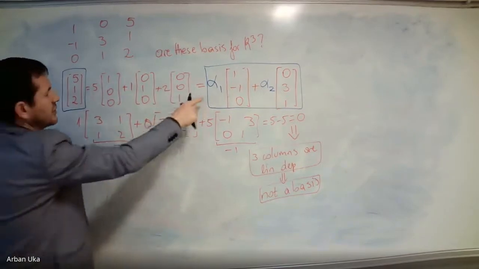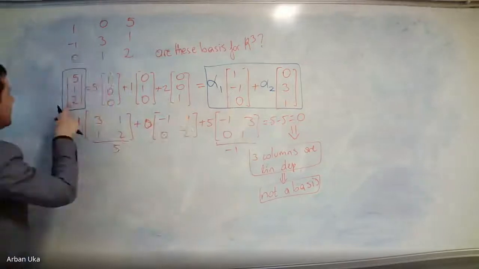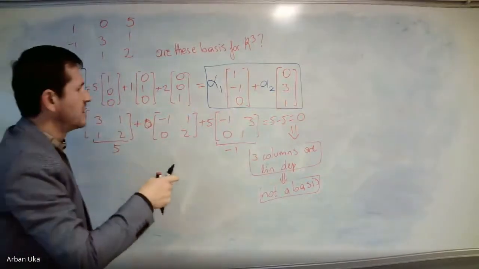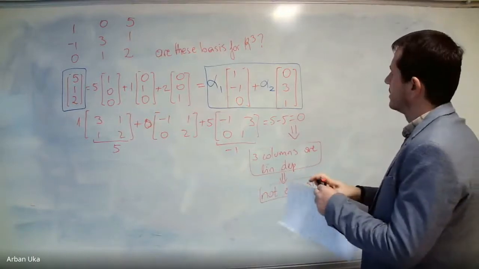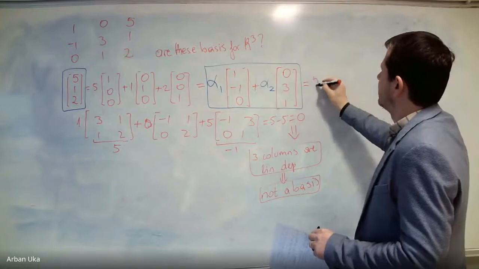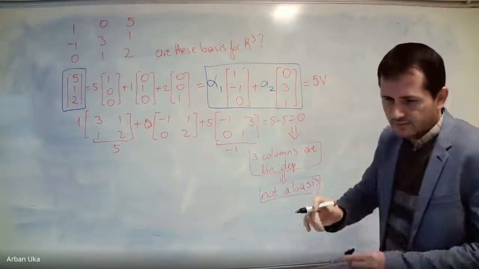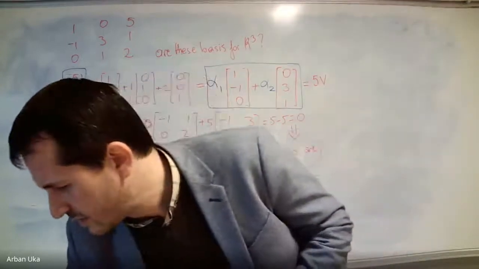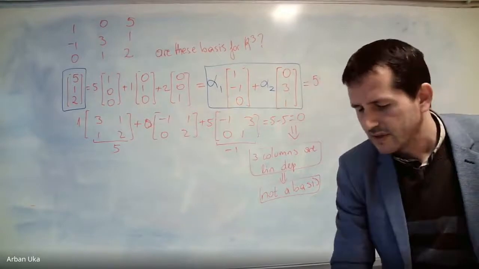Because you see from the third equation that alpha 1 times 0 plus alpha 2 times 1 will be equal to 2. So this means that we can write this one. Let's write it like this. This is equal to 5 times v1, actually, v1 I mean the first vector which is over there, but let's write the whole thing.